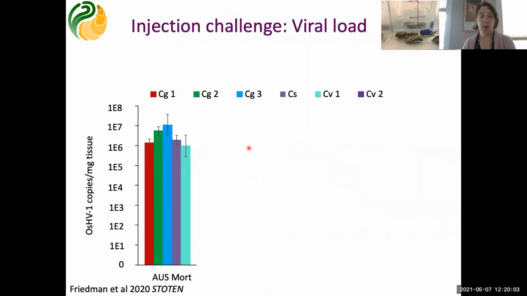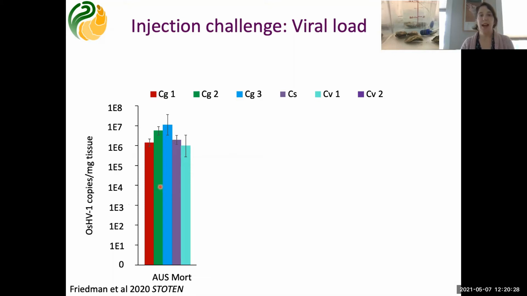We followed this up with using quantitative PCR as a proxy for infection. This is a non-culturable virus, so this is our best tool to understand relative copy numbers. And what we saw, just to walk you through this, first of all, these are all of the animals that died with injection with the Australian variant.